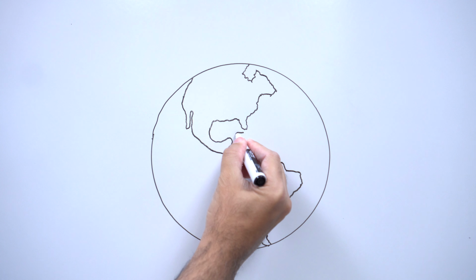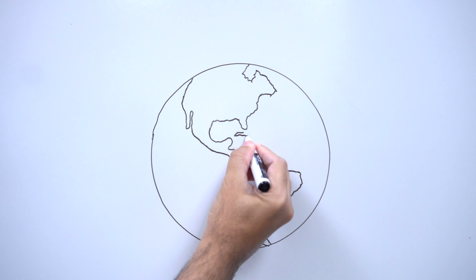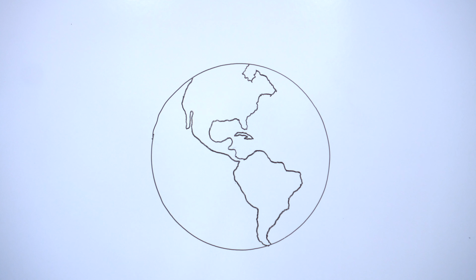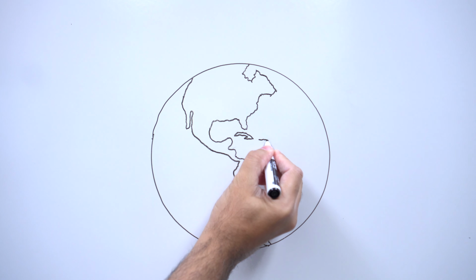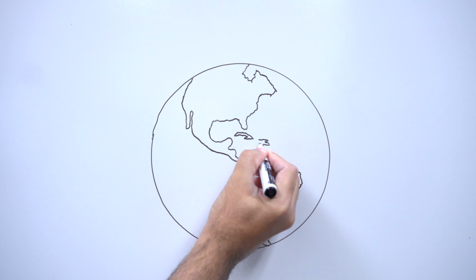Alright, let's not forget about the islands in the Caribbean. Let's start with Cuba. They say Cuba looks like a long alligator. Now where I'm from, Dominican Republic. Can't forget my homeland.